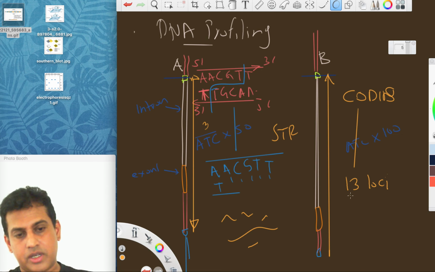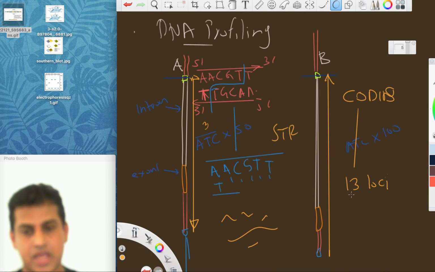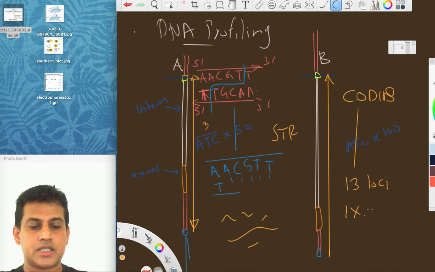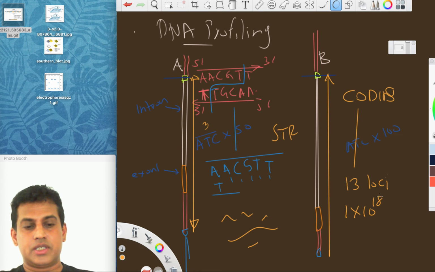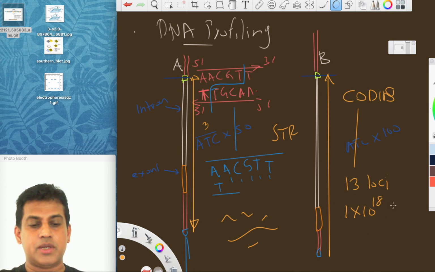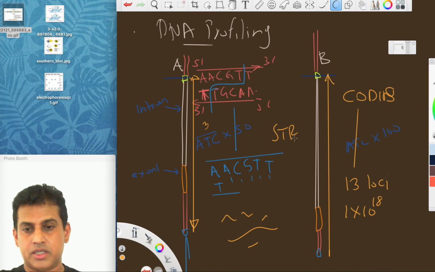If they look at 13 different regions with this kind of repetitive sequence, the maximum probability is 1 in 10 to the power of 18. With this huge number, it is very unlikely we can observe the same size of bands in a person's DNA profiling. It's a very unique system because of the short tandem repeats, and they are very different in the coding and non-coding regions of the DNA from one person to another.